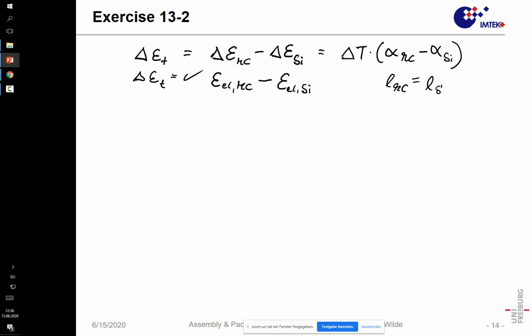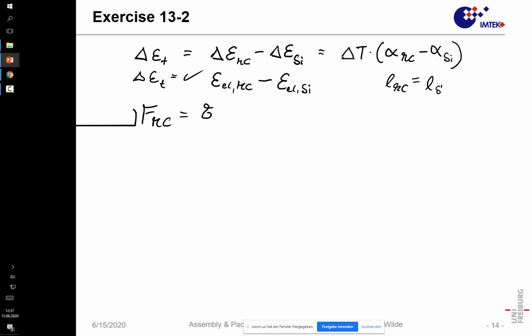So what else do we need here? We know this, but we do not know these properties. Now we have to address the forces. The force in the molding compound is how much? Can you give me a guess?